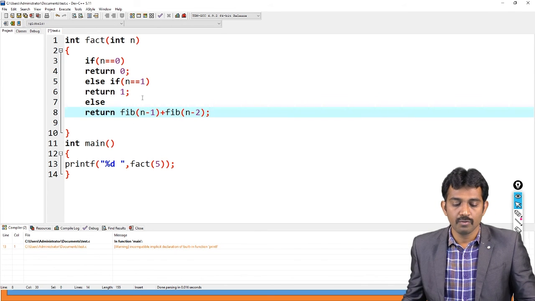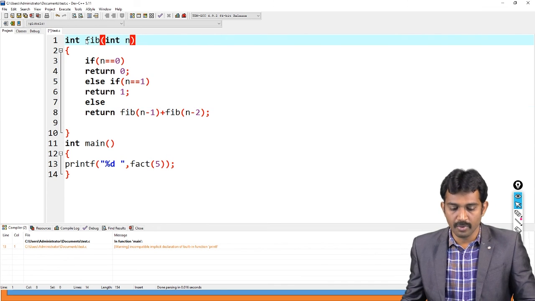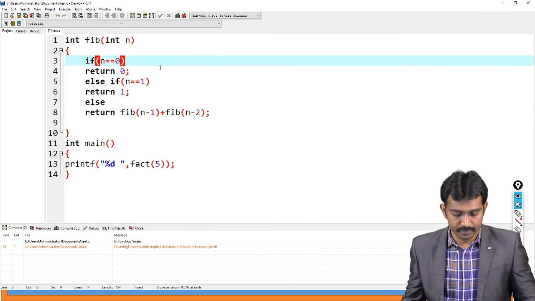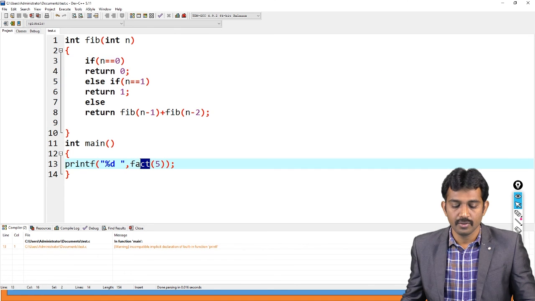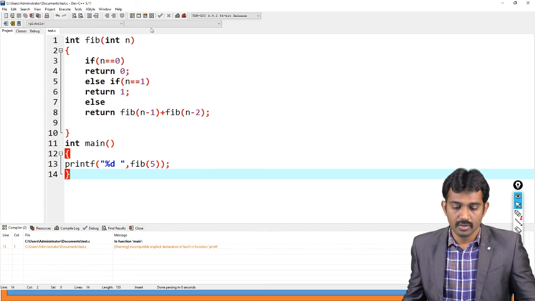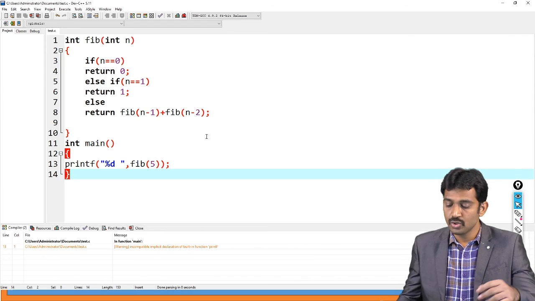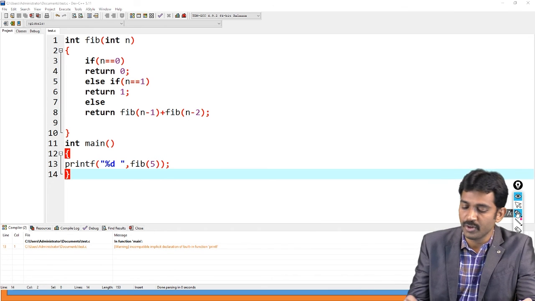If you observe this code, fib of n, let us check the Fibonacci series.